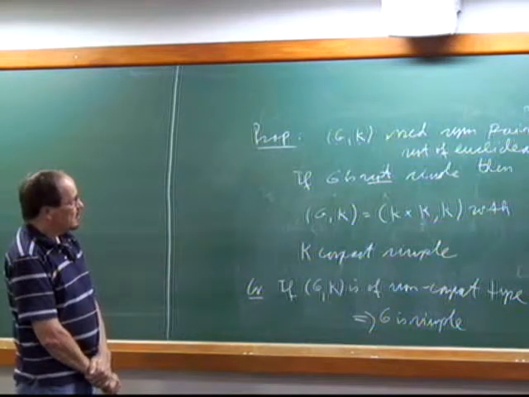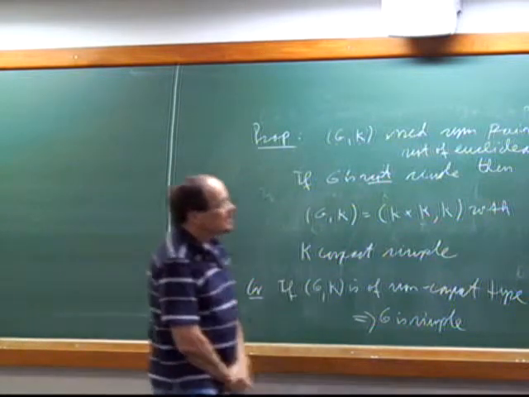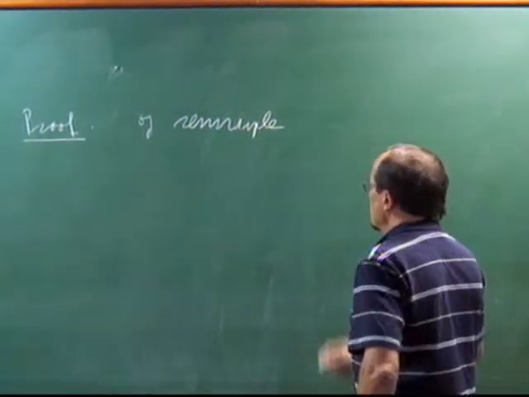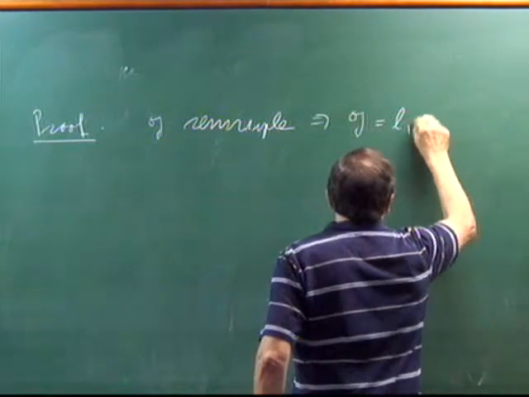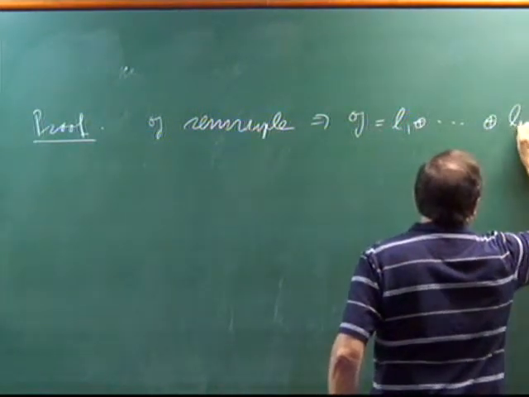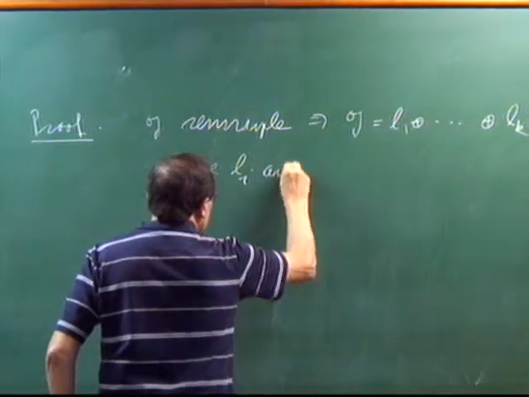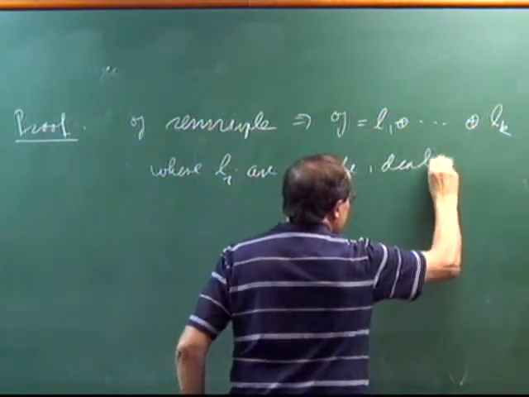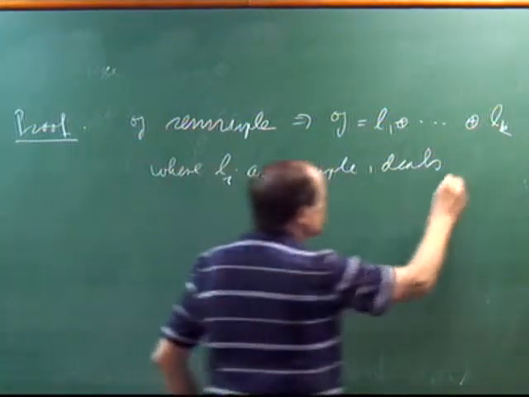So it's false for Euclidean type, and we always exclude that. That's not interesting. Now G is semi-simple, so this implies that G is a direct sum of ideals, where the Li are simple ideals. So it's a direct sum of ideals, and each ideal is a simple Lie algebra. And this decomposition is unique up to order.